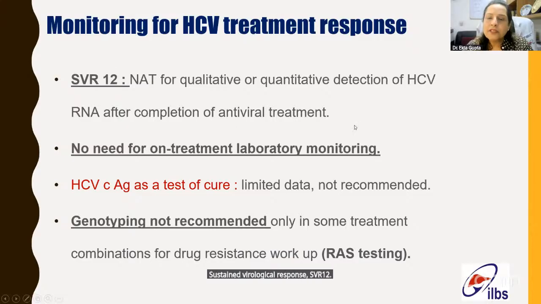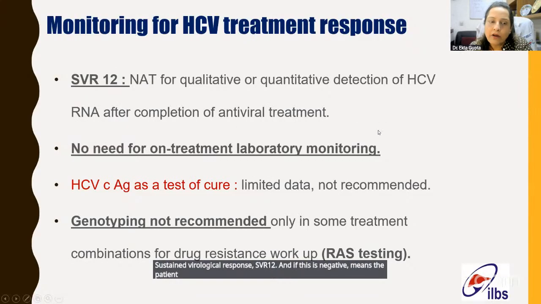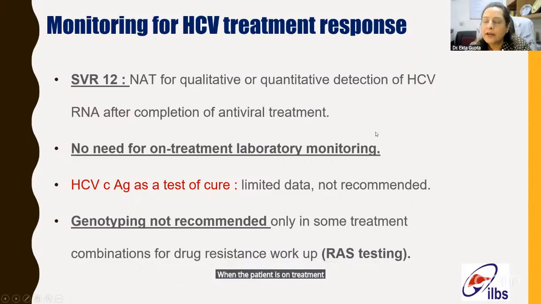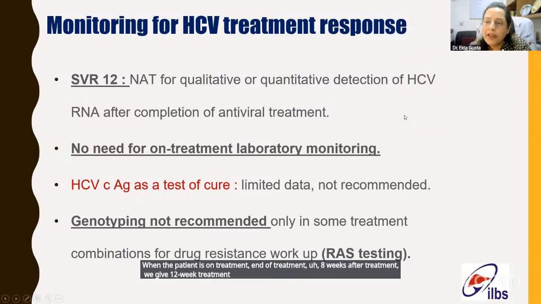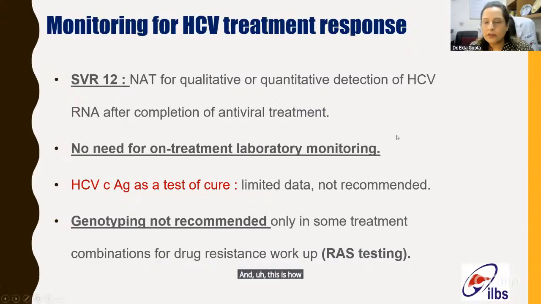If this is negative, it means the patient is clear of infection. So we don't do RNA monitoring while the patient is on treatment, at end of treatment, or 8 weeks after treatment. We give 12-week treatment, wait for 12 weeks, and then look for a sustained response. This is how we monitor the patient who is on treatment.